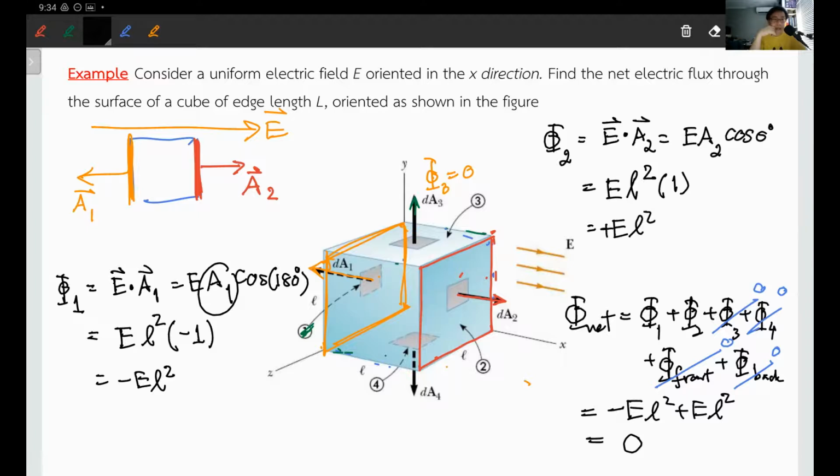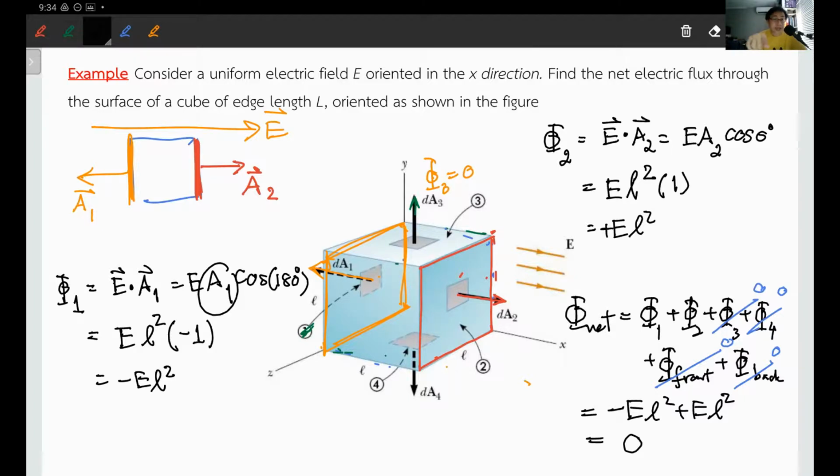And can you tell why it's 0? Well, that's not unexpected because the electric field is uniform. It's coming along the x-axis.